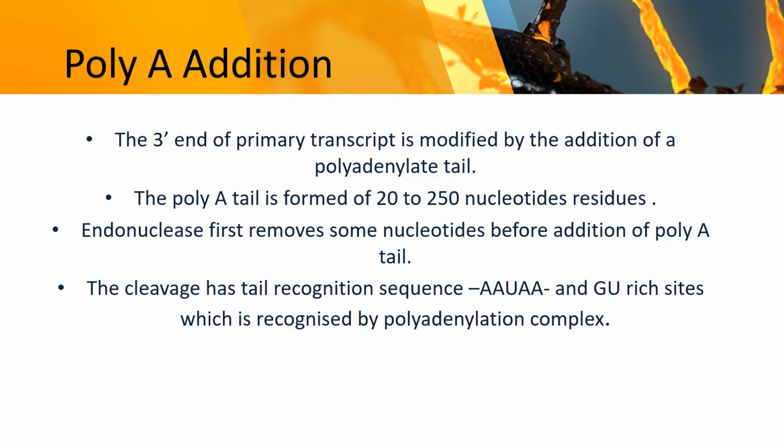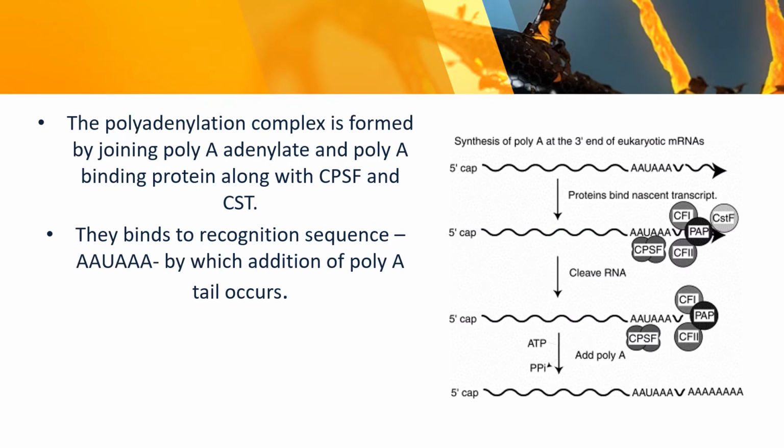This process of poly-A addition happens when the RNA is still attached to the DNA. In poly-A addition, two processes occur. First, the cleavage of the RNA which is attached to the DNA. Here we require cleavage factors.